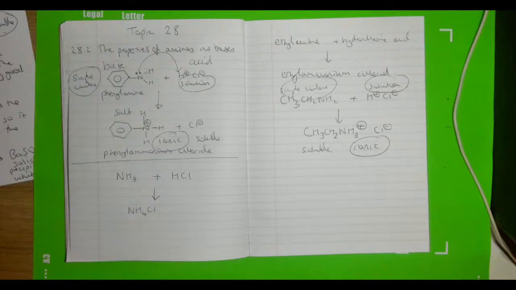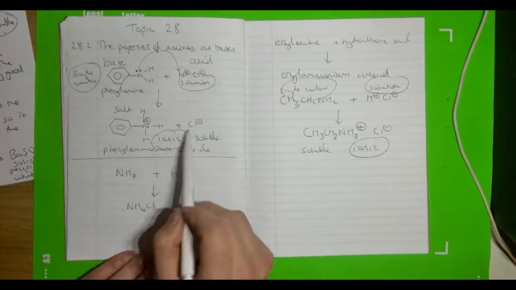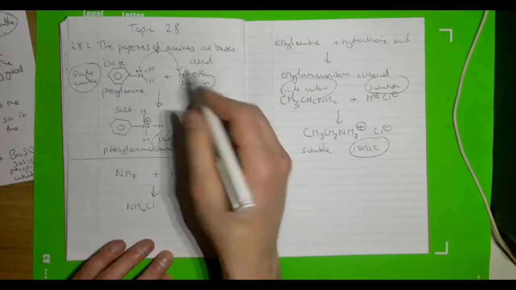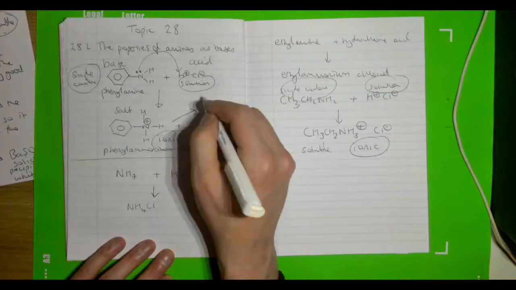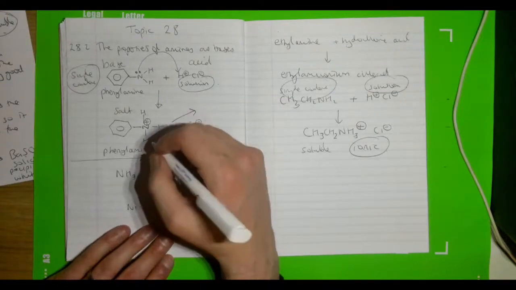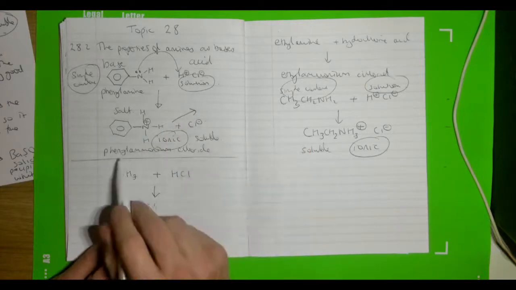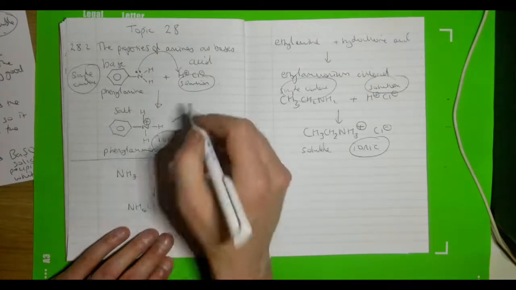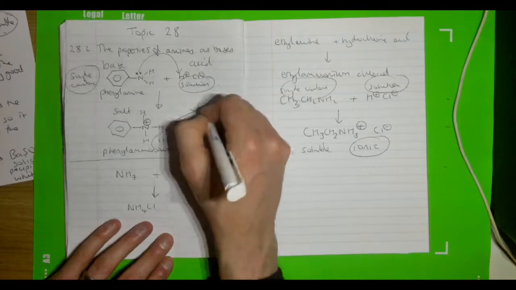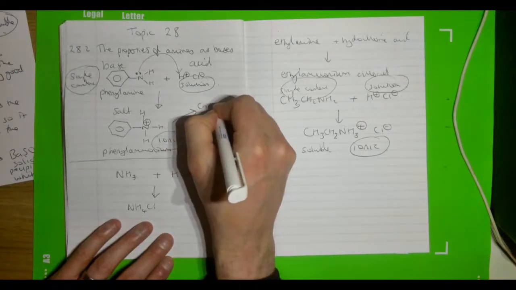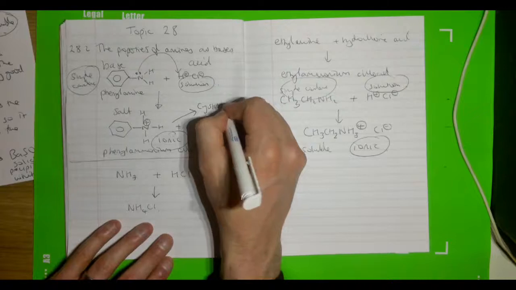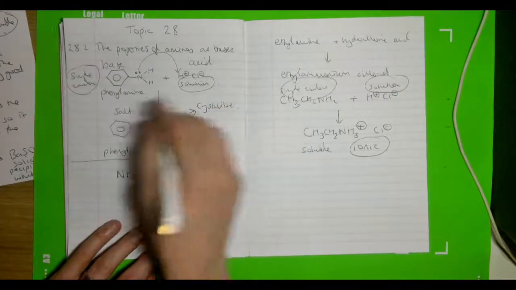What we can do is evaporate the water from this. If we evaporate the water and crystallize it, we could get crystals of phenyl ammonium chloride. So we can crystallize that by evaporating the water.